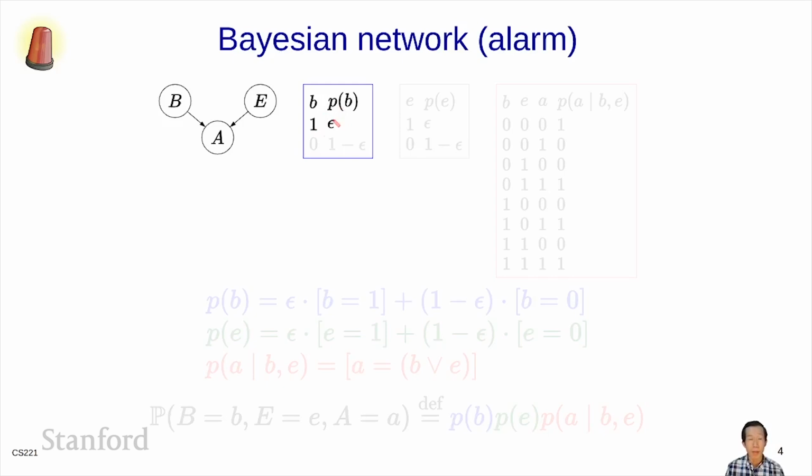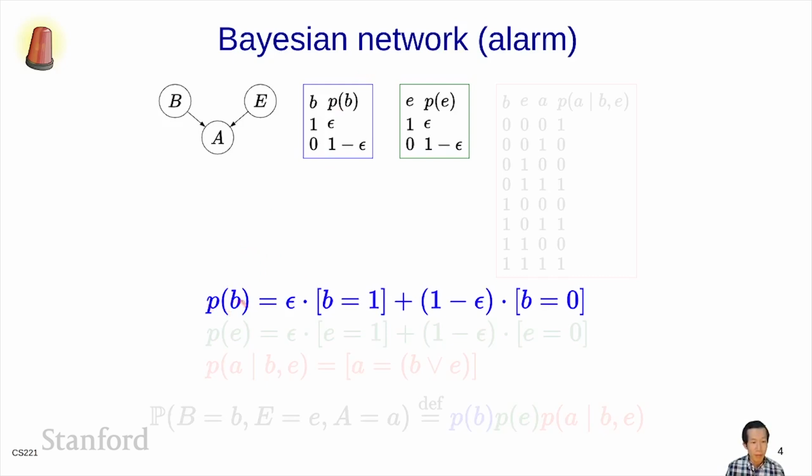I said the probability of burglary is epsilon, and that means the probability of no burglary is 1 minus epsilon. Then we look at E. E has no parents as well, so the probability of earthquake is epsilon, and the probability of no earthquake is 1 minus epsilon.